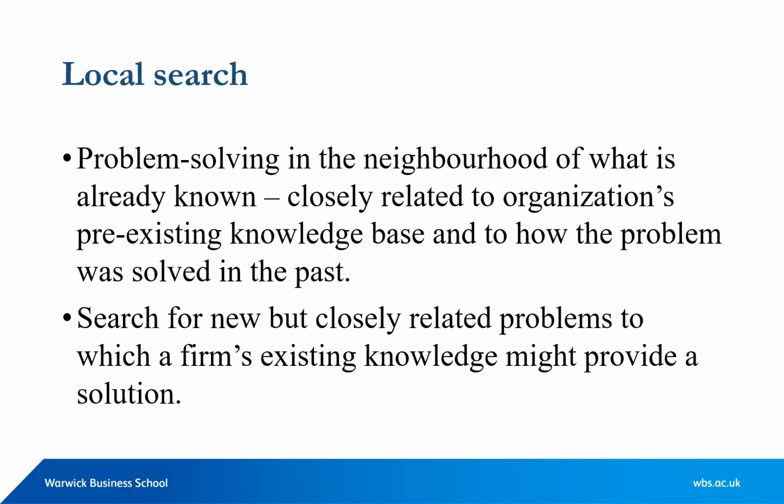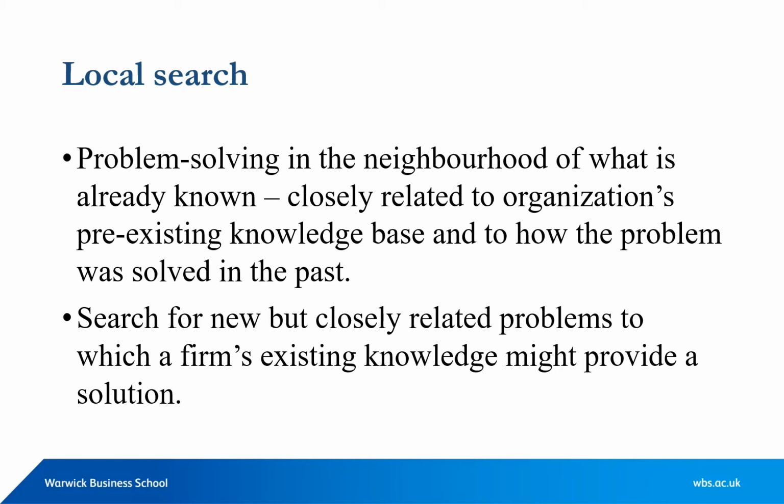Now the definition of two types of search. Local search is problem solving in the neighborhood of what is already known. That means in the domains closely related to organizations' already core technologies and to how the firm solved such problems in the past.